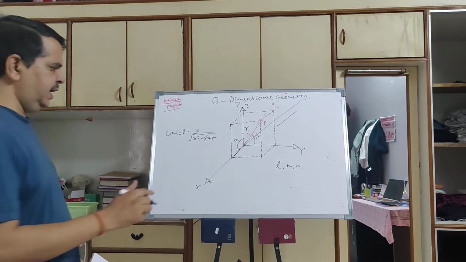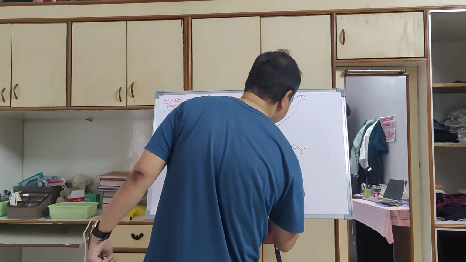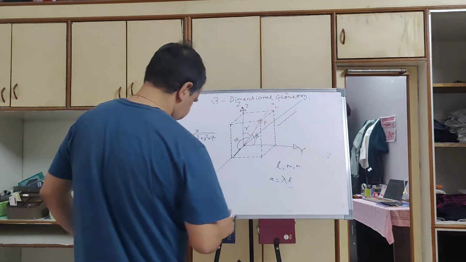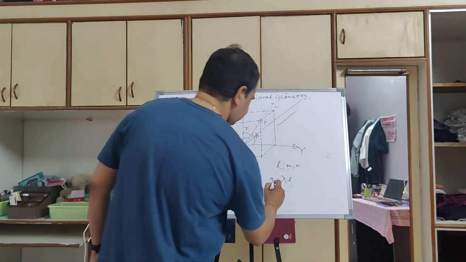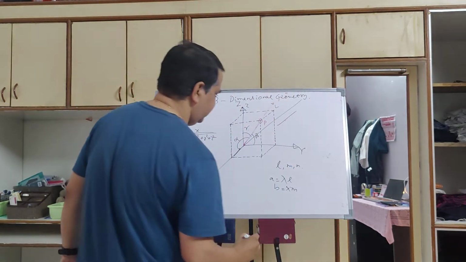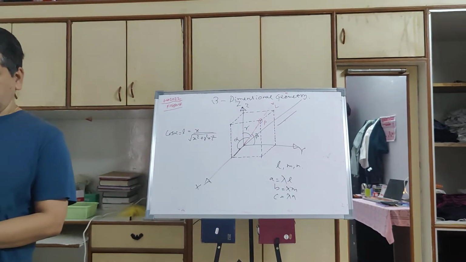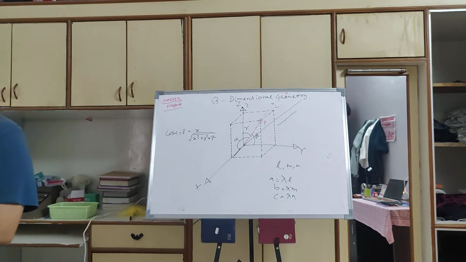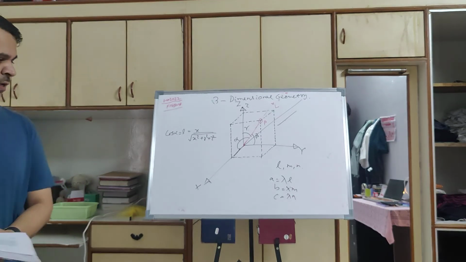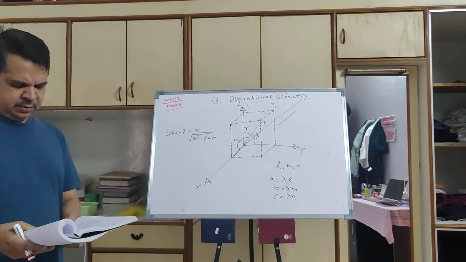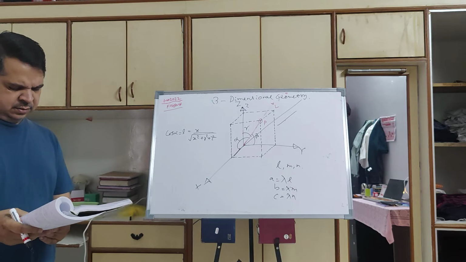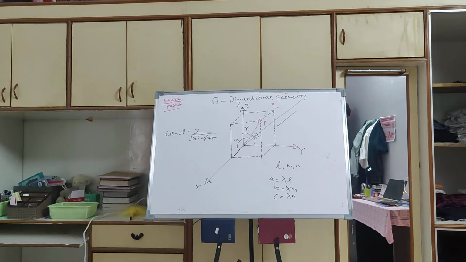So A is equal to some constant into L, then B is equal to lambda into M, C is equal to lambda into N. You find a number which is proportional to your direction cosine, and these are called direction ratios.